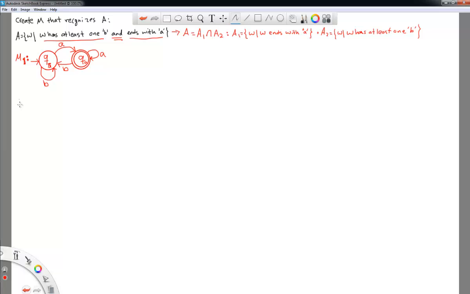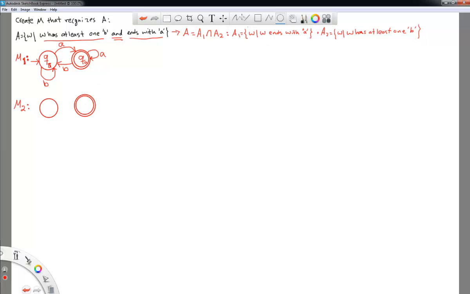Now M sub 2 is a similarly simple language to create as well, which means that this language also has two states. One state representing I have not seen a B, and the other state representing I've just seen the first B, which means that now I'm going to accept.